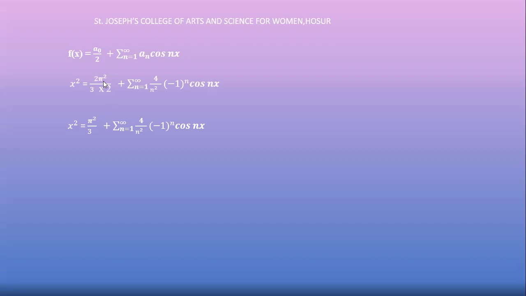This 2 gets cancelled. So we'll get pi square by 3 plus summation n equal to 1 to infinity of an cos nx. An is 4 by n square minus 1 power n. This is the Fourier series for an even function here.